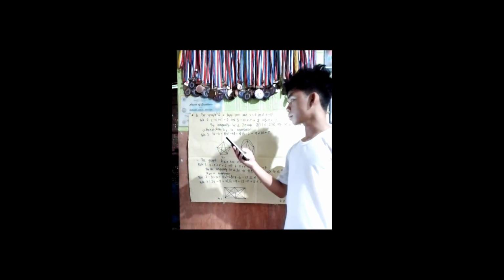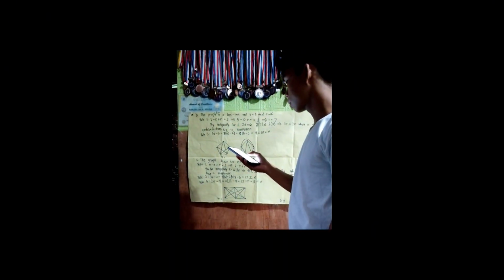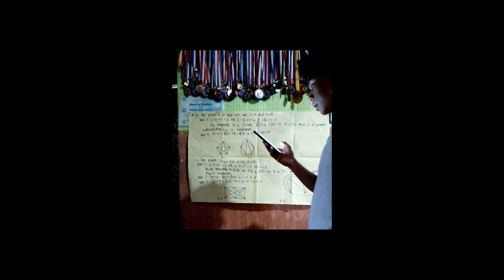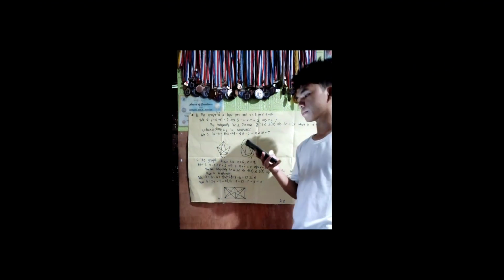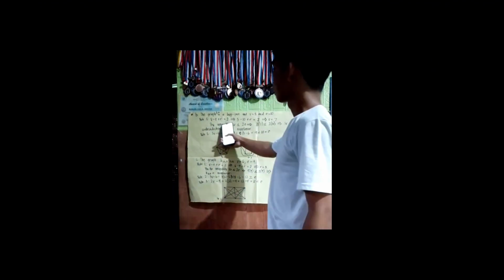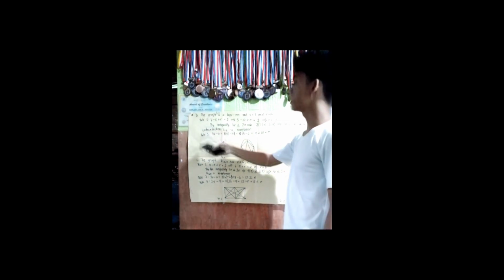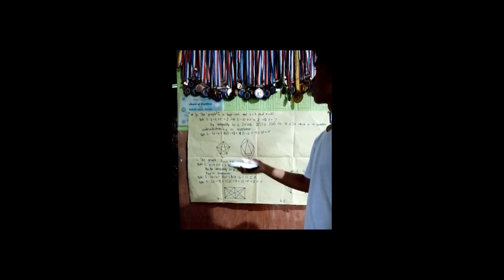So, let's have the second example. Note that graphs K5 and K33 are non-planar graphs. The graph K5 is loop free and has 5 vertices and 10 edges. So we use rule 1: B minus E plus R is equal to 2. So 5 minus 10 plus R is equal to 2, so R is equal to 7.